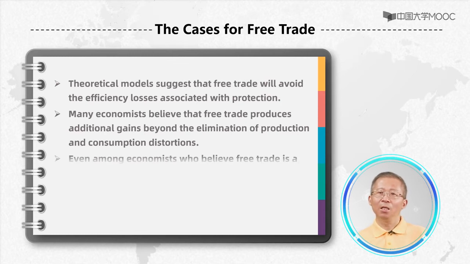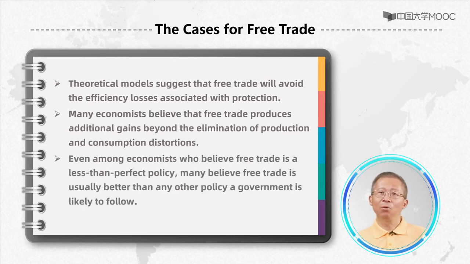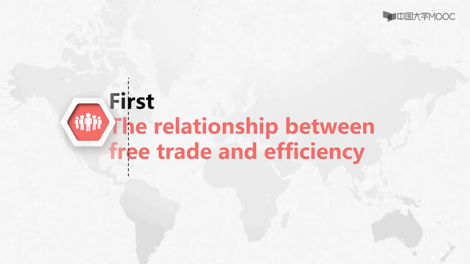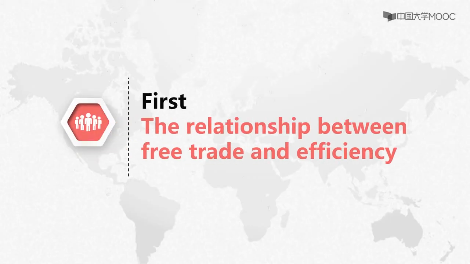Finally, even among economists who believe free trade is a less than perfect policy, many believe free trade is usually better than any other policy a government is likely to follow. We will discuss it from four aspects. First, we will examine the relationship between free trade and efficiency.